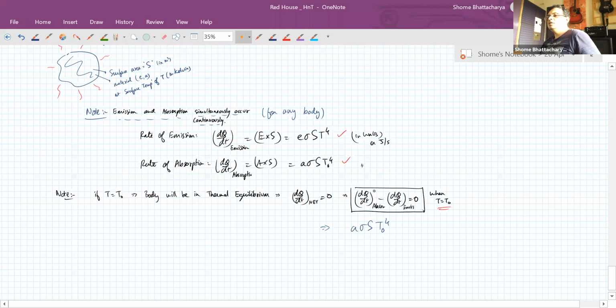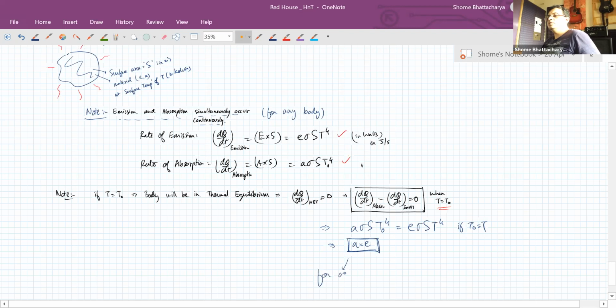That is the net rate of absorption will exactly balance the net rate of emission, which is E sigma S into temperature of the surface to the power 4, provided that the temperature of the surrounding is equal to T. So that means for any material, the absorptivity is equal to the emissivity. They're defined in different ways, but they have exactly the same numerical value. So this is a property of all materials.